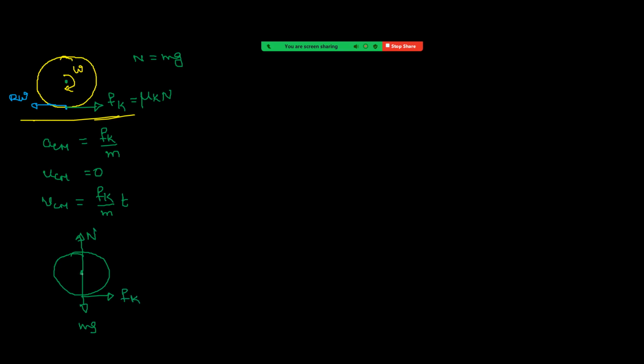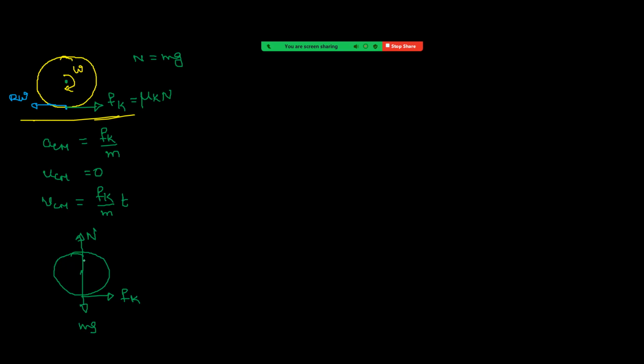If you focus on the torque equation about the center of mass, always we consider the motion of the center of mass. The center of mass always has translatory motion, so for the center of mass we consider the force equation. Next, we take rotation about the center of mass. That means we are going to take a torque equation about the center of mass.